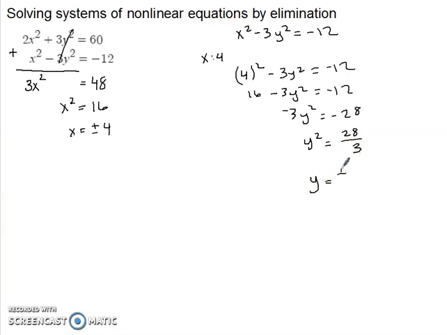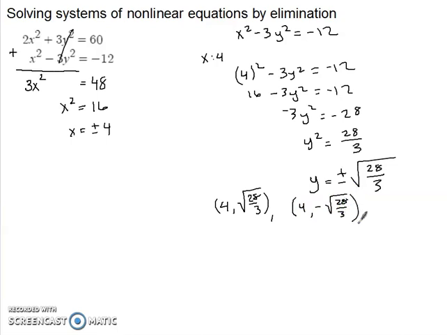So y is equal to the positive or negative square root of 28 over 3. So when I plugged in a 4, I had two answers. The first was positive square root of 28 over 3, and the second was negative square root of 28 over 3. Now I plug in my negative 4.